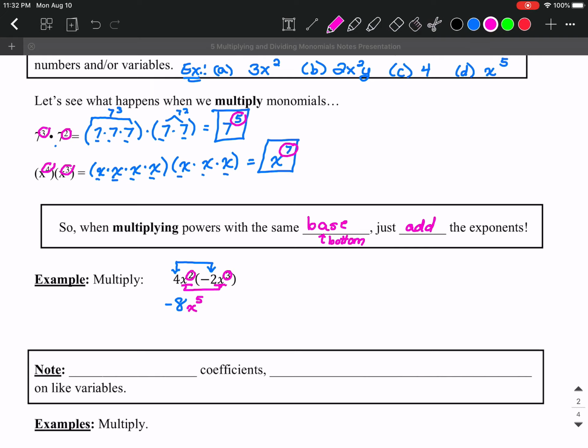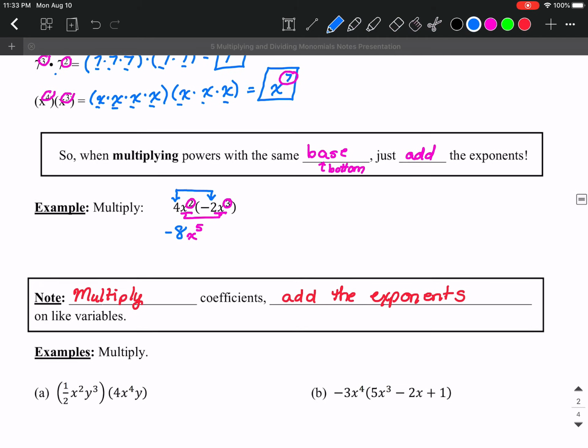That's 5. So our answer is negative 8x to the 5th. What did we do? We multiply the coefficients. That's the numbers in front of the variables. Okay? We multiply the coefficients and we add the exponents on like variables.